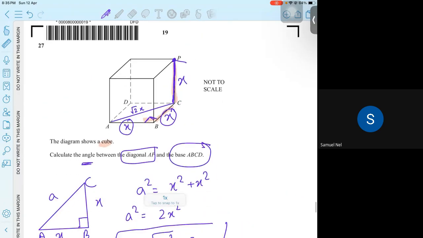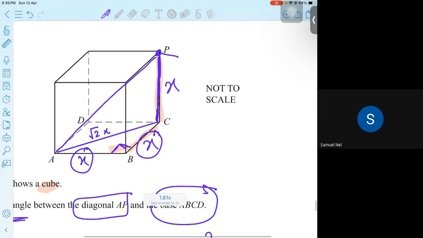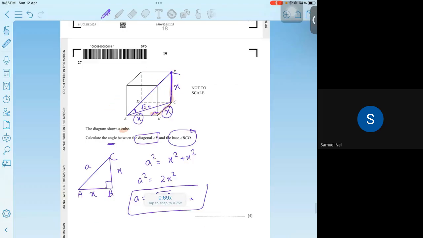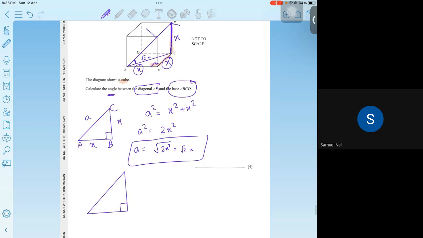With that being said, now I have to go back to my initial triangle, because the question wants from me this specific angle, right? So let's redraw this triangle. This specific triangle now becomes, this is P, this is A, and this is C. Do you see it?